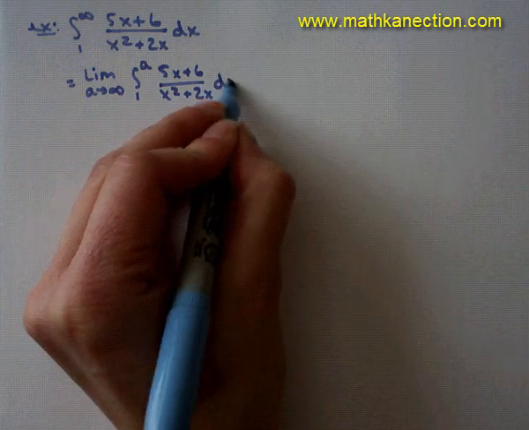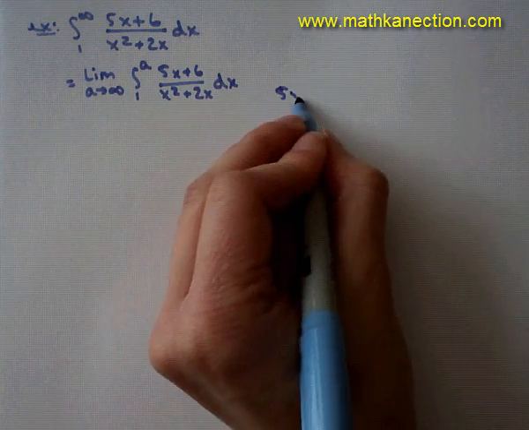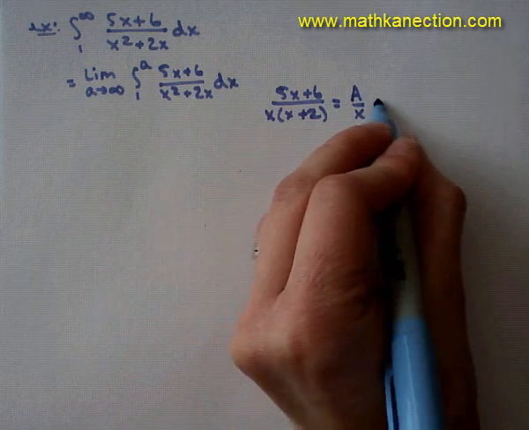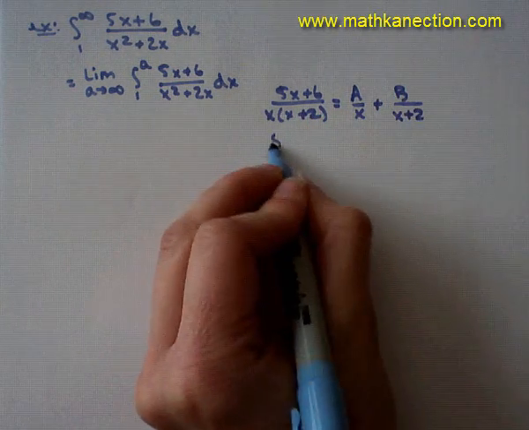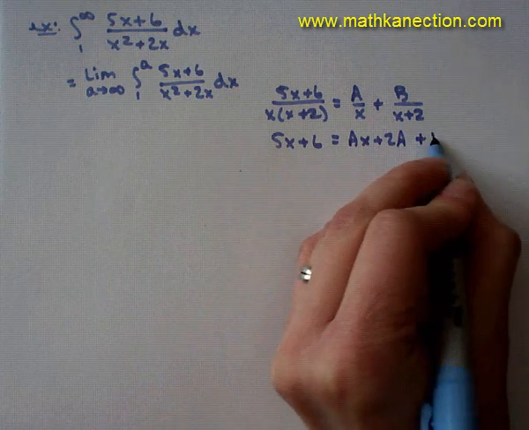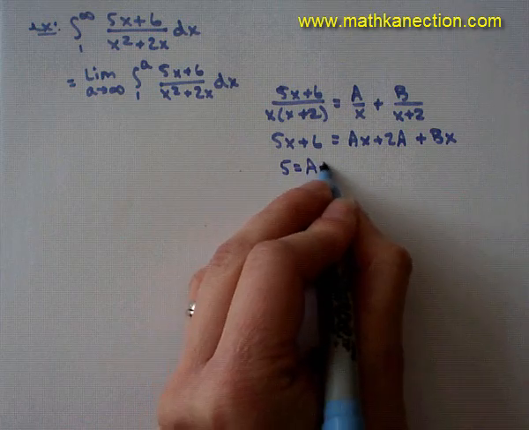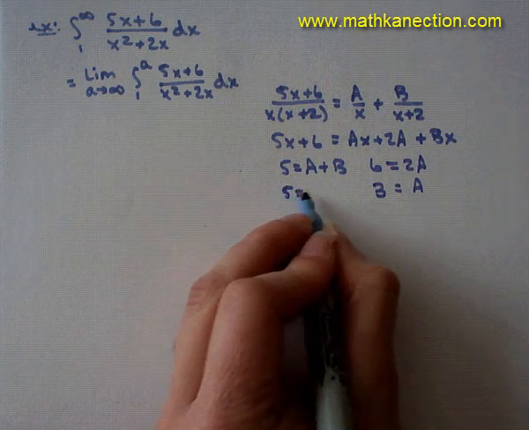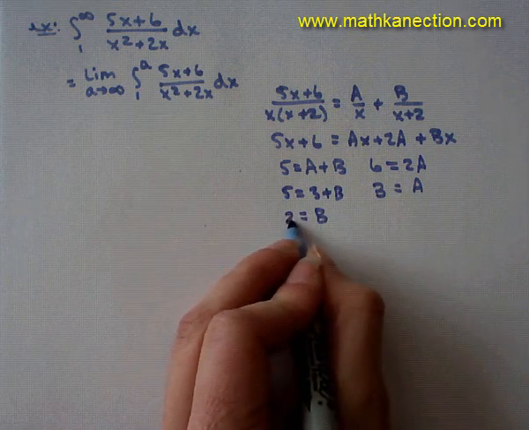In order to anti-derive this, we'll have to do partial fractions. We have 5x plus 6 over x times the quantity x plus 2, which is equal to A over x plus B over x plus 2. So we have 5x plus 6 is equal to Ax plus 2A plus Bx. So then 5 is equal to A plus B, 6 is equal to 2A, the value of A is equal to 3, and the value of B is equal to 2.